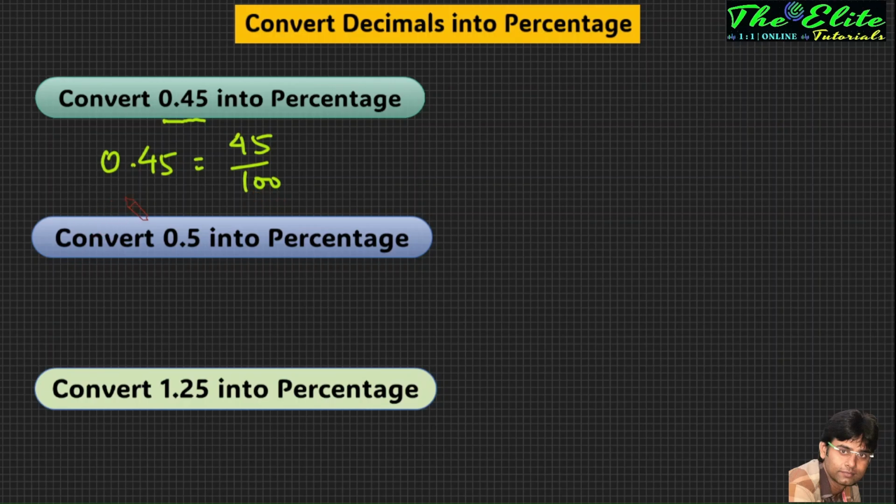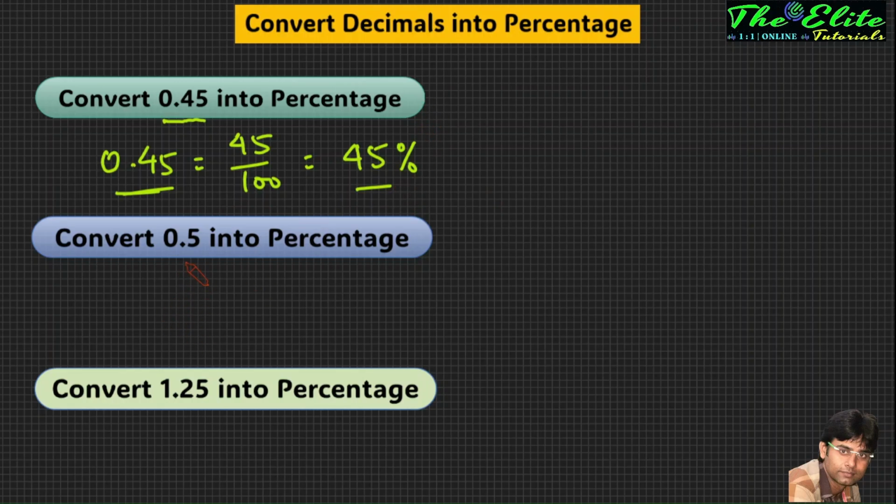Okay, now we have got this decimal number converted into fraction, and we know that from fraction to percentage it is easy, because we have got 100 already there in denominator. So whatever the number in the numerator is there, with that number we can use this sign of percentage and we'll get our answer. So 0.45 is equal to 45% in conversion, right?